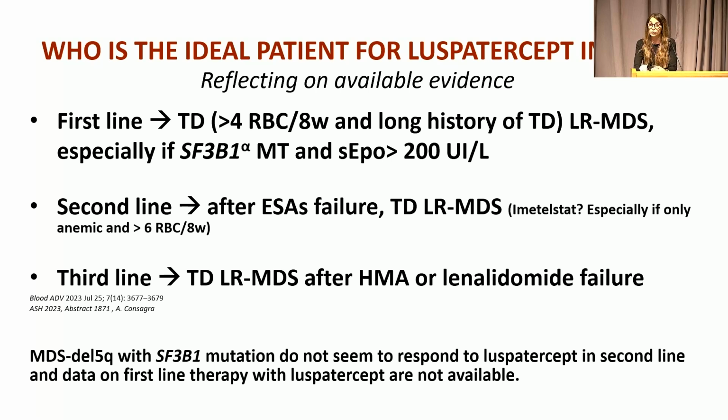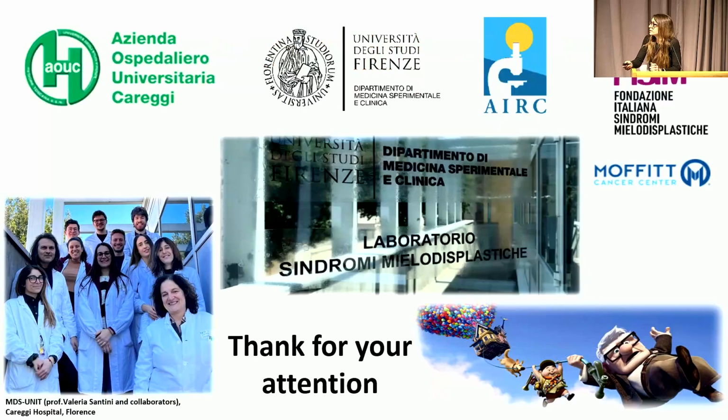They don't seem to respond to luspatercept, and we don't have data in the first line because these kinds of patients were excluded in the past trials. I end my presentation, and thank you for your attention.